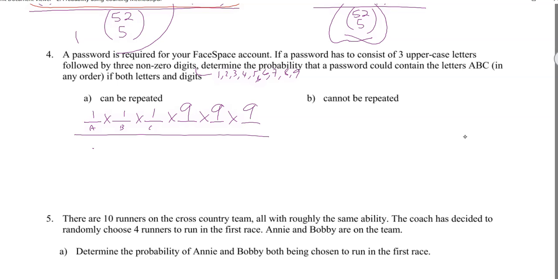And the total, 26, 26, 26, 9, 9, 9. So we can repeat any of the 26 letters and any of the digits, as long as they are non-zero. This is going to work out to 1 over, so the 9s will cancel, it'd be 1 over 26 cubed.